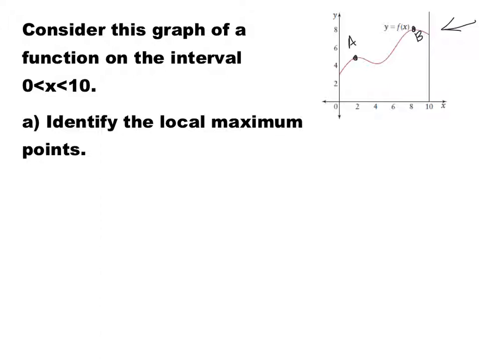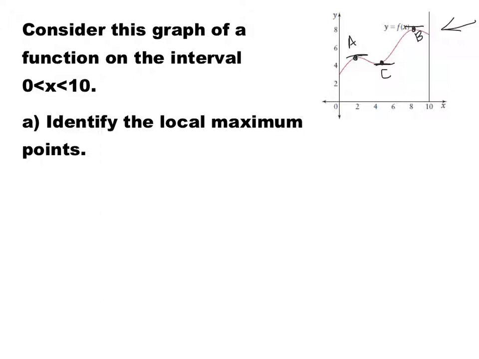The local minimum, the only one we have is this point, which we call point C. Now, what is common between all these 3 points is very simple: the tangent to the graph at these 3 points is horizontal or parallel to the x-axis, or we can say the slope at points A, C, B is 0.